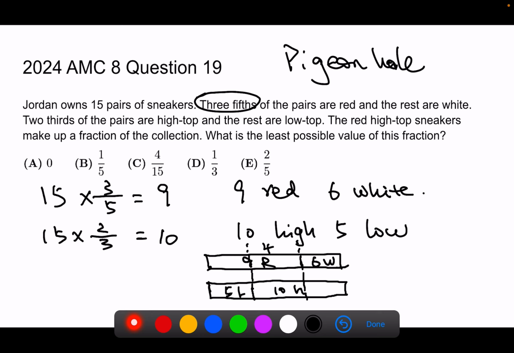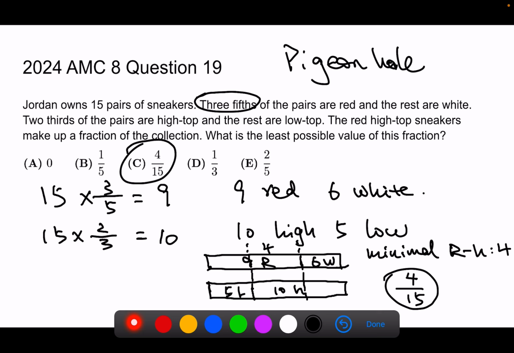This region is 4. And because of that, the minimum number of red high, so the minimum RH is 4, and the fraction here is going to be 4/15. So the answer is going to be C.